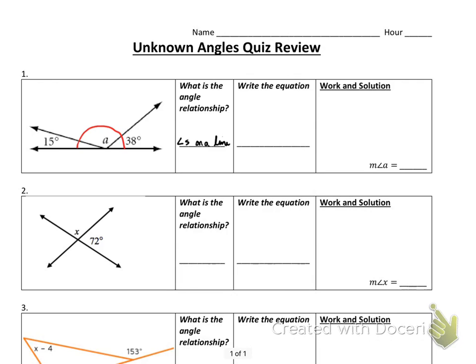So I've got three angles, 15 plus A plus my third angle, 38, all add up to 180 degrees. That's the equation I need to have written down. What I don't care about is the order of this 15, A, and 38. If you mix up the order of those, that doesn't matter at all. But I need to see that all three of those angles add up to 180.